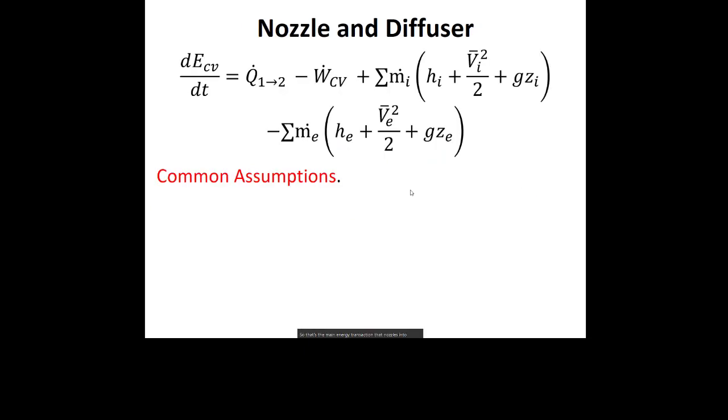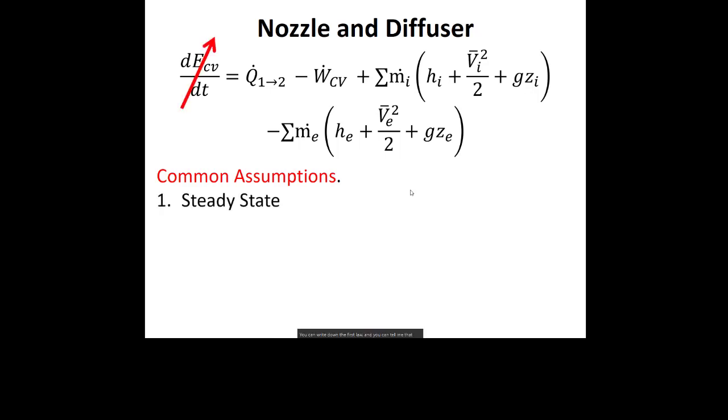So we're going to start with the first law, and it's an open first law. In this class, all the problems are going to be steady state. So even if you got to an open first law problem on the second exam and you're like, man, I have no idea what to do, you can write down the first law and tell me that the system is at steady state.